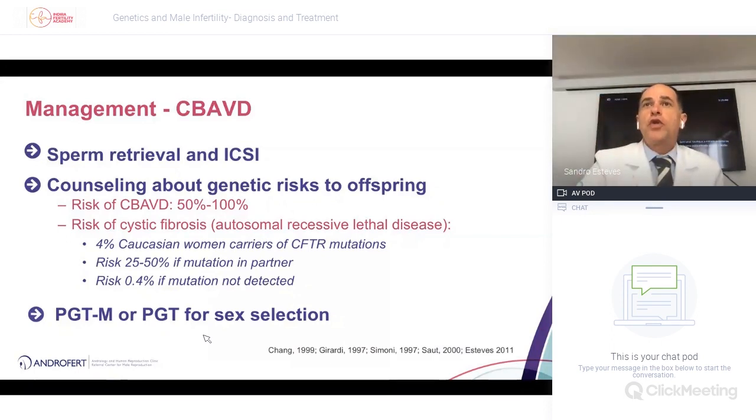But with sex selection, I will not be able to avoid cystic fibrosis if the female partner is a carrier of the mutation. So this is why, for me, it's very important to test the female.